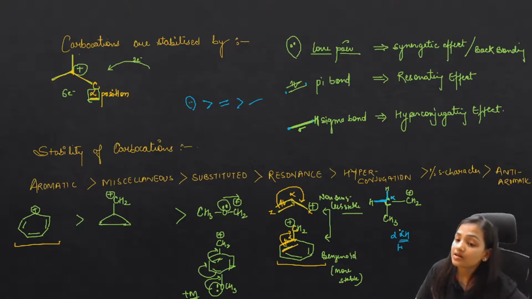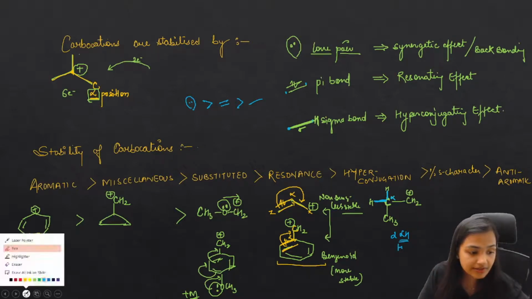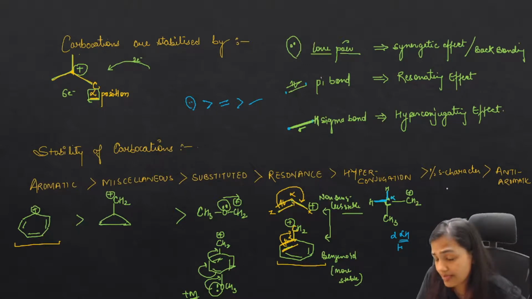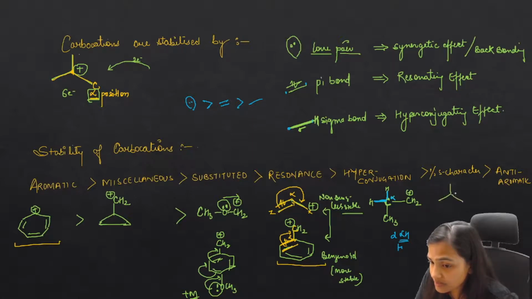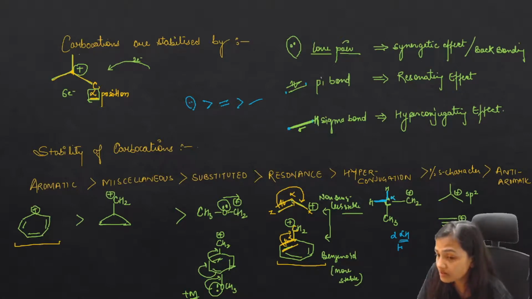Now, what do you understand by the percentage of s character? As I told you, we could have a carbocation like this, which is sp2 hybridized. We could also have a carbocation like this, which is sp hybridized. Out of these two carbocations, which is going to be more stable? The one with the lower percentage of s character.